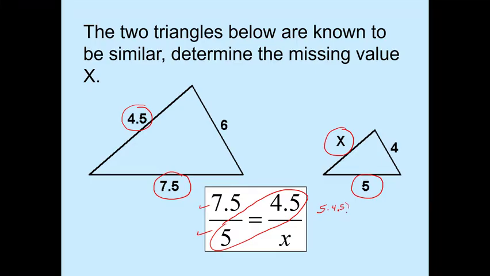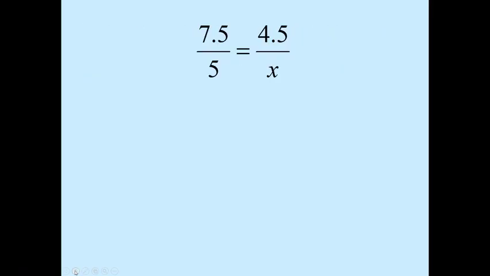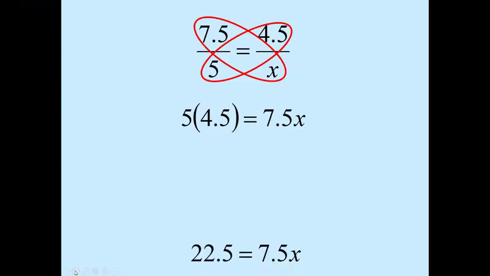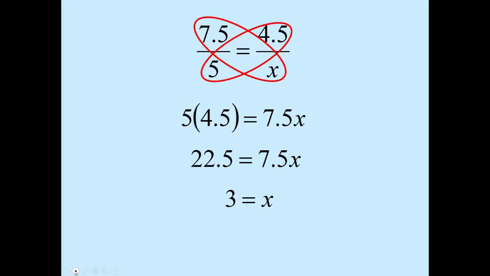I'm going to put this in parentheses so we don't get these little decimals messed up. And 7.5 times X. How do you solve for that? Divide by 7.5. So X is, you should get 3. So this side right here has a value of 3. Okay, we'll see how we do it. Cross multiply. There we go. We set it up, and there we have it, 3.